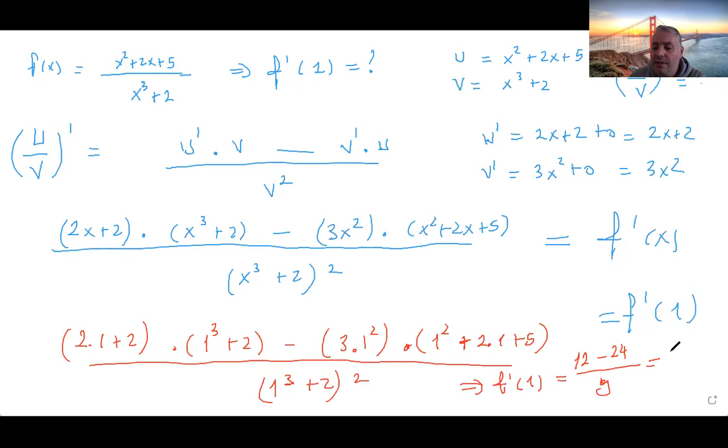So the result is negative 12 over 9, and one more step, negative 4 over 3. So this is our final result. So whenever we have division, numerator derivative times denominator minus denominator derivative times numerator divided by all the denominator to the power of 2. When we use the formula, we get the final result.